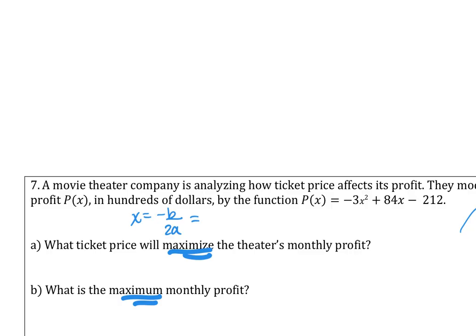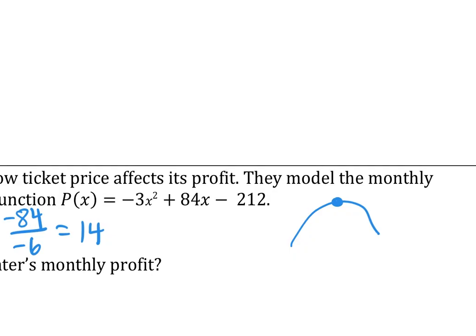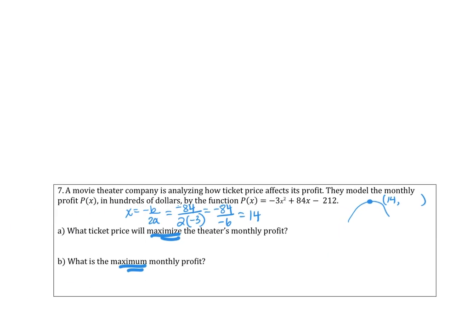So if our b value is 84, the opposite of that is negative 84 divided by 2 times the a value, which is negative 3. So negative 84 divided by negative 6. Very good. Gives me an x value of 14. So that is the x coordinate of that vertex.